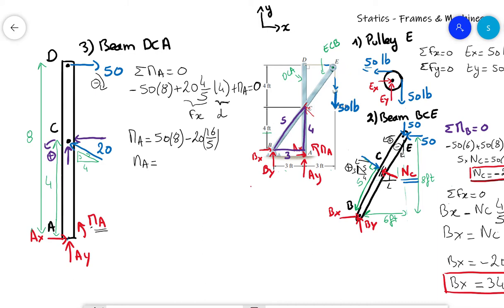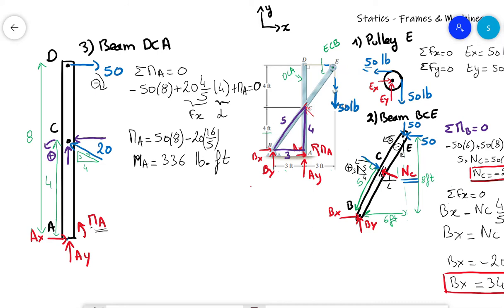Let me see if I write it correctly. Oh, I forgot the minus. 50 times 8 minus 20 times 16 divided by 5, 336. And it's pound feet.